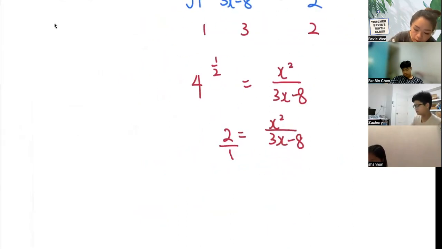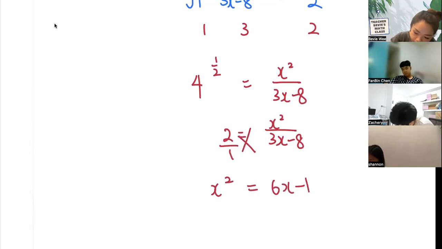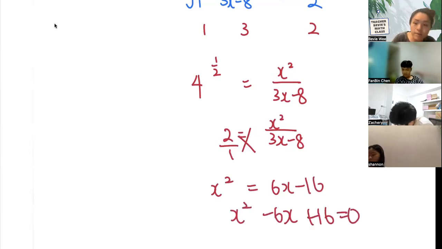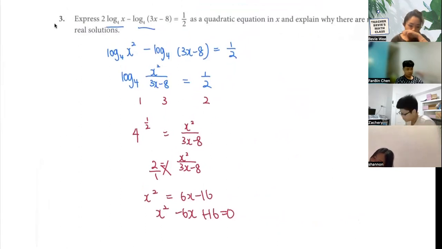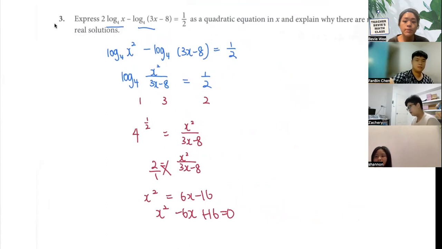From here, they want a quadratic. I just cross multiply. That's it. Okay, explain why there are no real solutions here. No real solutions means what? Recap.